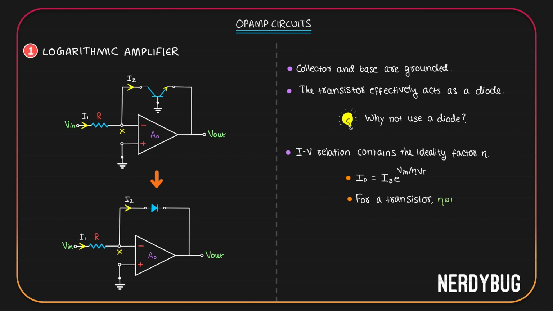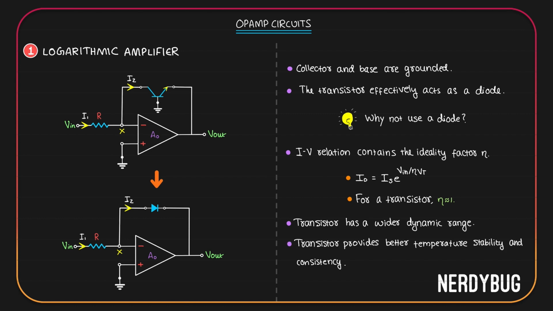Along with this, a transistor also has a wider dynamic range. It is the range between the smallest signal it can handle and the largest signal it can handle without distorting or saturating. Dynamic range for a transistor is much better than that of a diode. Along with this, a transistor also provides better temperature stability and consistency. That is why a designer would prefer a transistor over a diode.